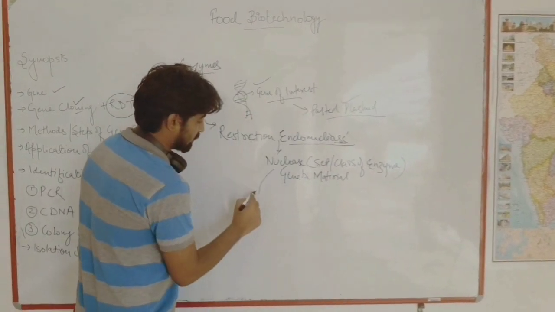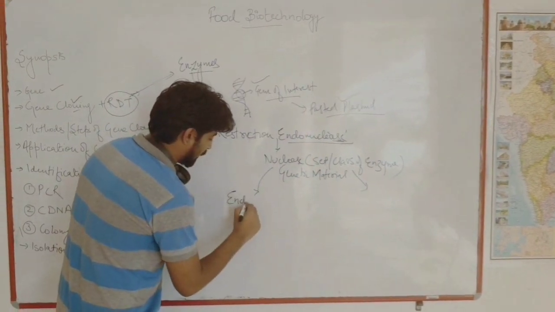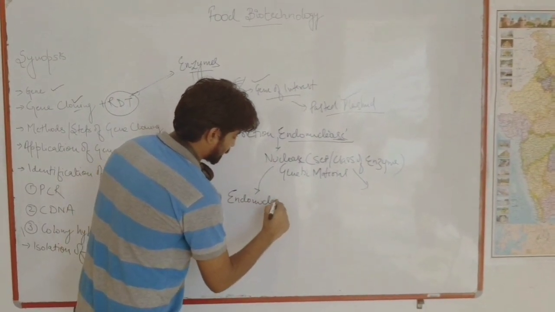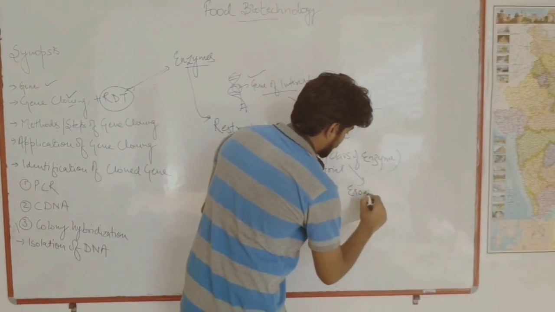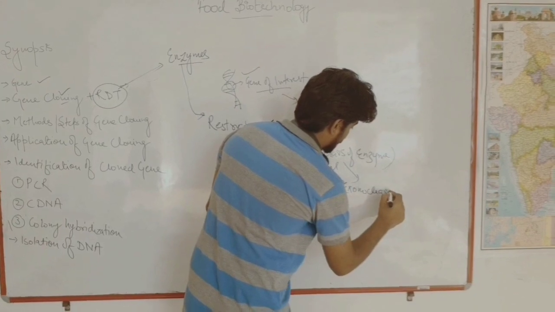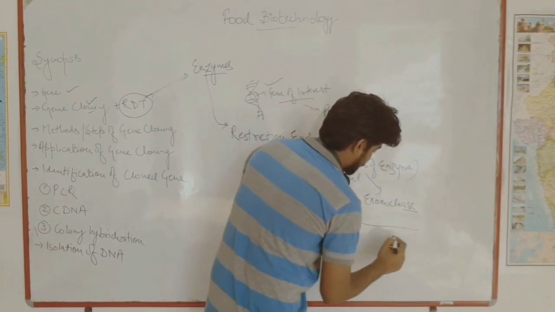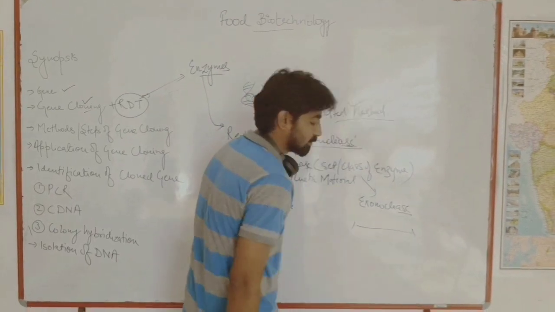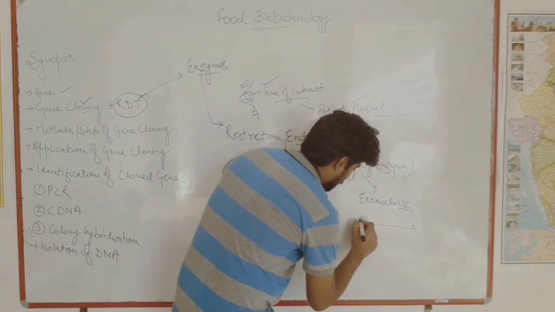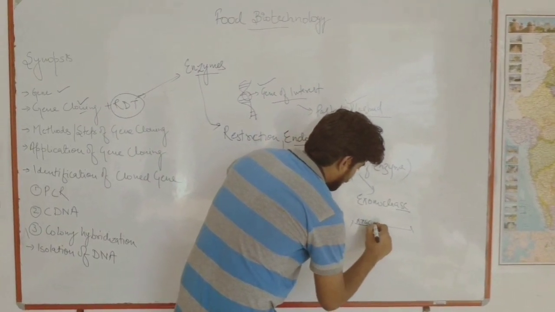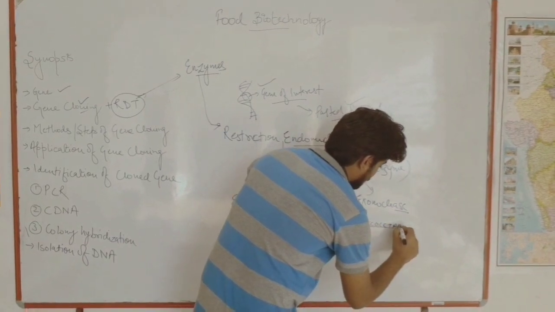This nuclease is divided into two parts. Number one is endonuclease, and second is exonuclease. Exonucleases are the enzymes which perform a cut at the ends of a DNA. For example, this is a DNA molecule. I will write the nucleotide bases ATGC, CG, CCTAAG.